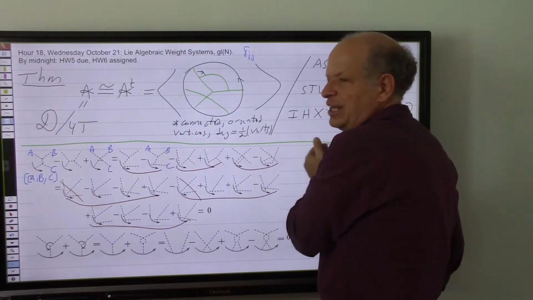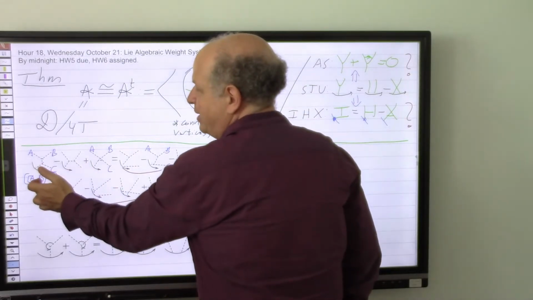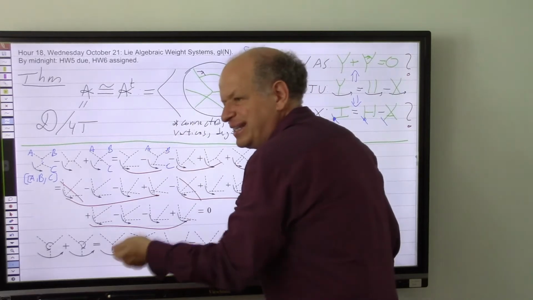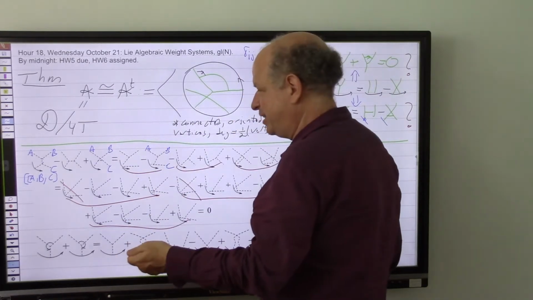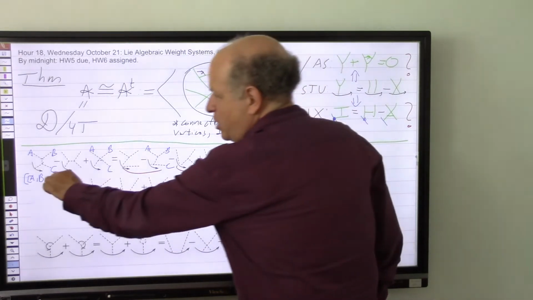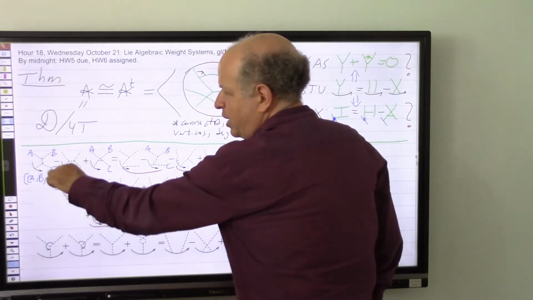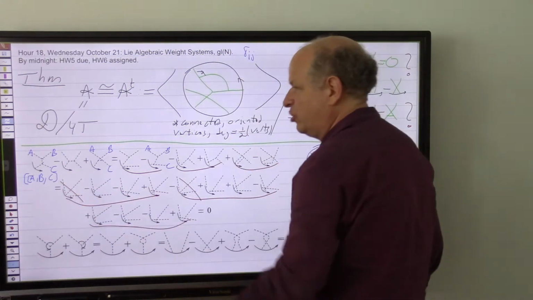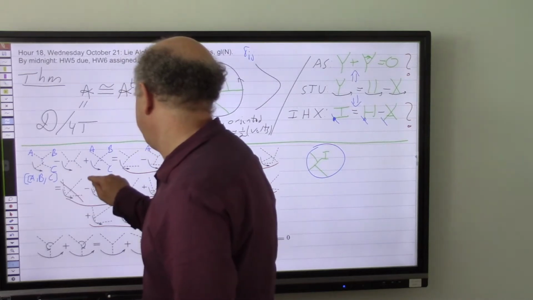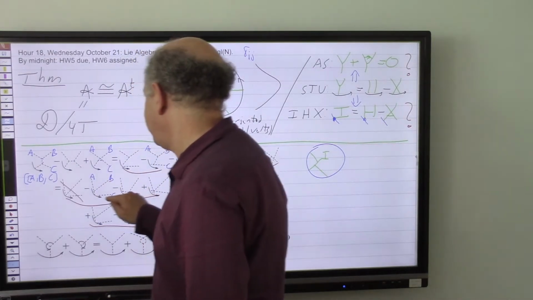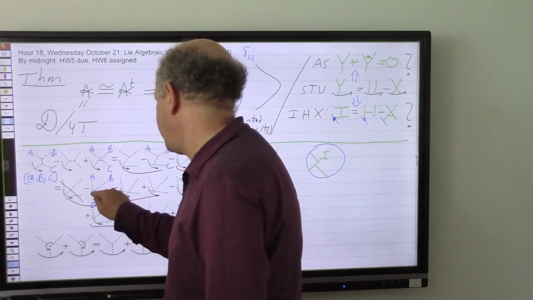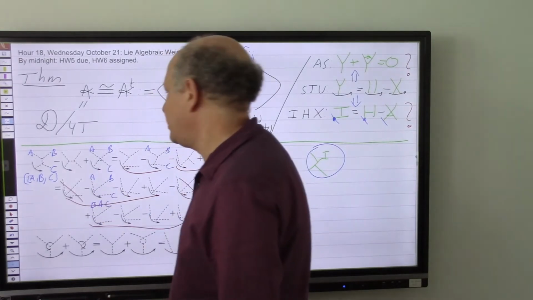Applying the STU relation is precisely replacing this bracket symbol by AB minus BA. And the 12 things that you get here, if you read them along the skeleton, let me just give an example. If I put A, B, and C here, then reading along the skeleton, I read B, and then A, and then C.